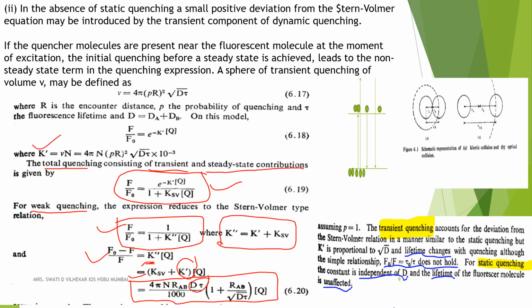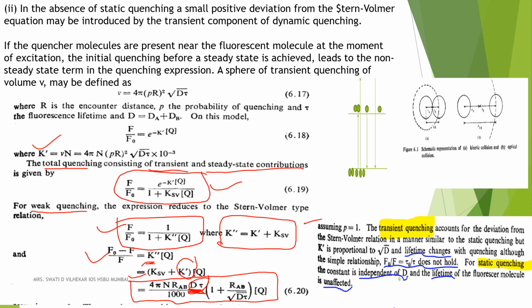So lastly, what we found is that the quenching is dependent on the D value as well as the tau value in case of dynamic quenching, which is independent in case of static quenching. Just read this: assuming P is equal to 1, the transient quenching accounts for the deviation from the Stern-Volmer relation in a manner similar to that of static quenching, as we have seen, but k' is proportional to root D and the lifetime changes with the quenching.